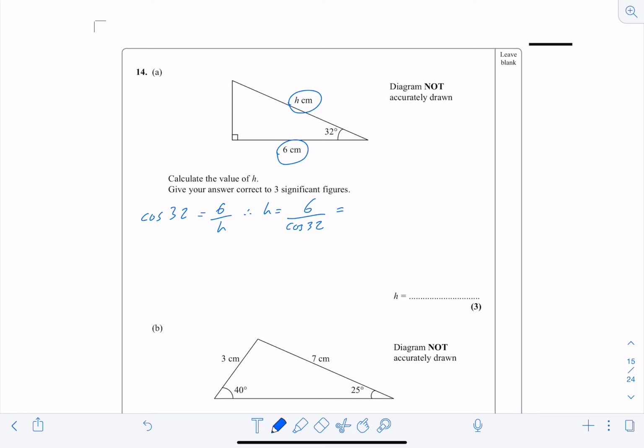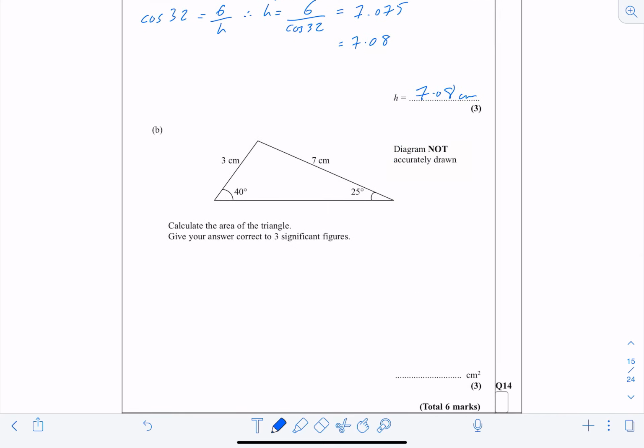And then get my calculator. 6 over cosine 32 equals 7.075, and to three significant figures, that's 7.08 centimeters.